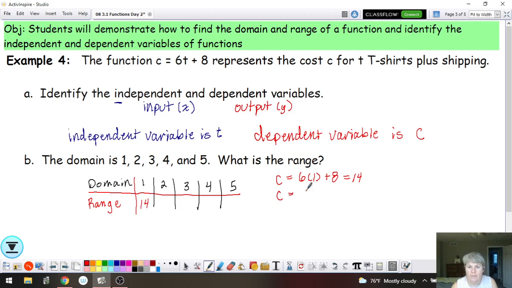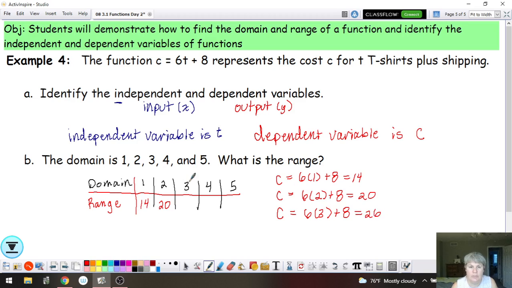My next domain value is 2, so 6 times 2 plus 8. 6 times 2 is 12, plus 8 is 20. So when the domain value is 2, the range value is 20. C, when T is 3, 6 times 3 is 18, plus 8 is 26.